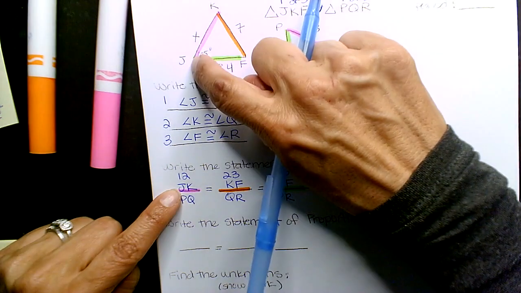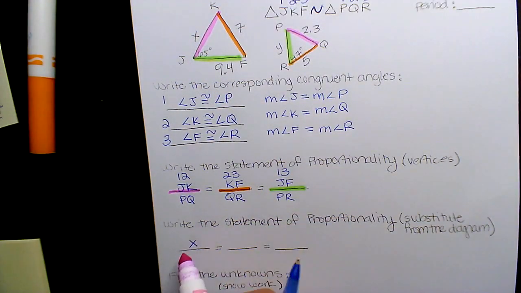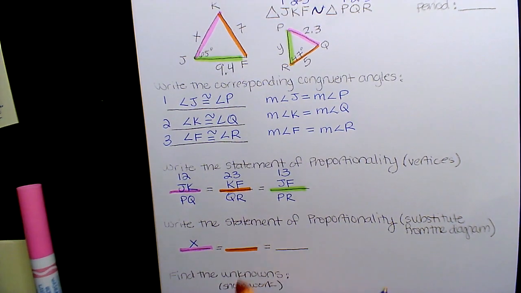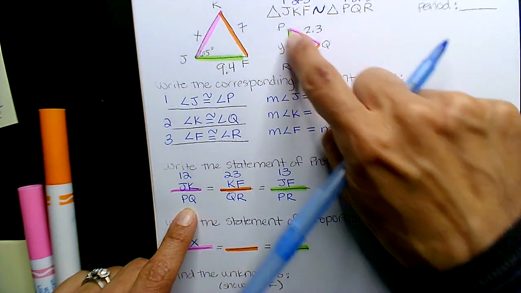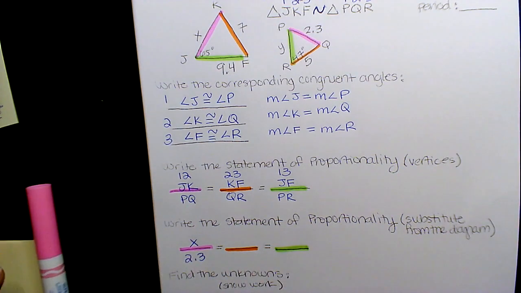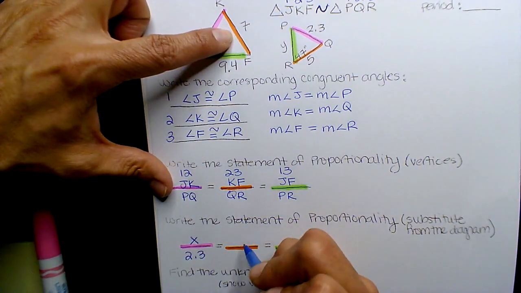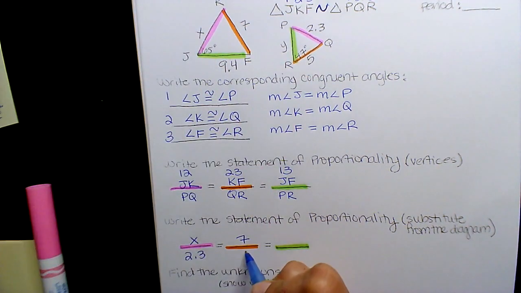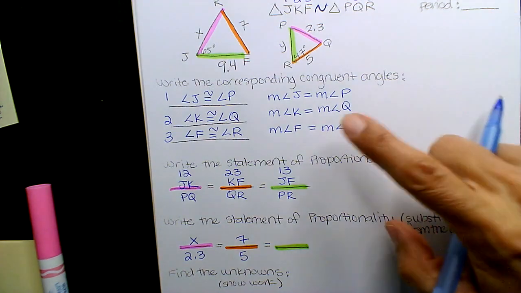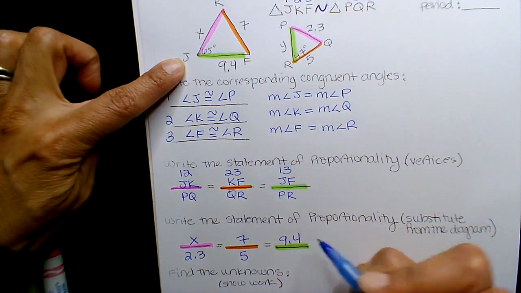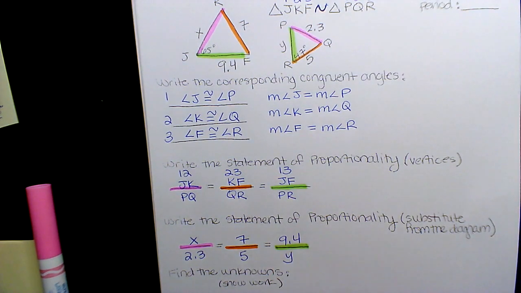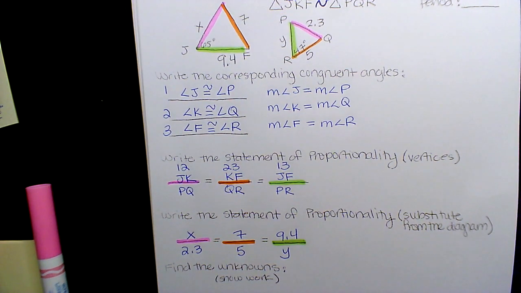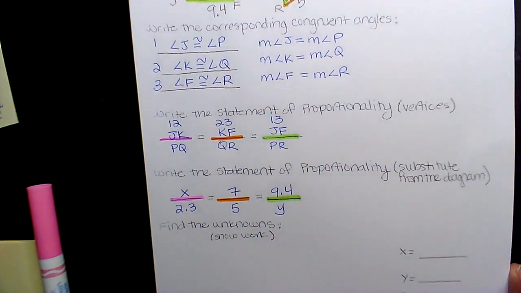JK has an X, PQ has 2.3, KF is 7, QR is 5, JF is 9.4, and PR is Y. Now you substituted from the triangles.